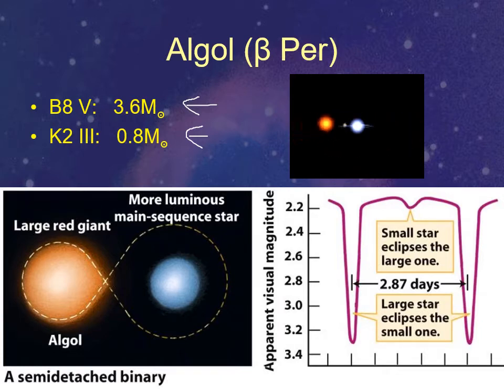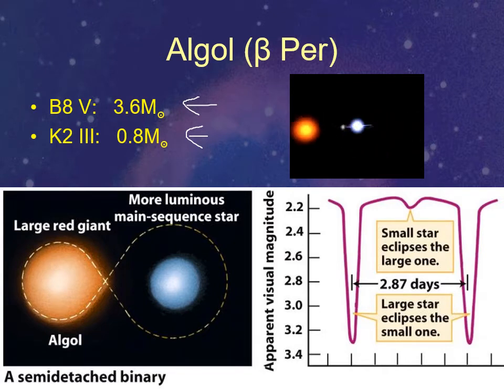Well, what's wrong with this story? We've learned a few lectures ago that the lifetime of a star depends on the mass of the star. The higher the mass, the shorter the life of the star.